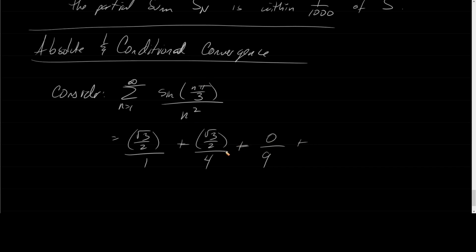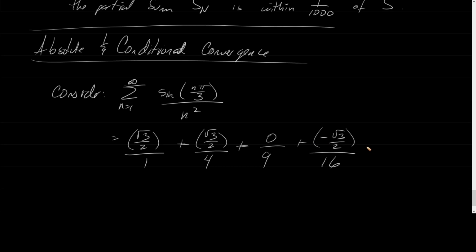That was the first three terms. Fourth term, sine of 4 pi over 3 is negative radical 3 over 2, and now we have 4 squared, which is 16. Notice we have a negative now.